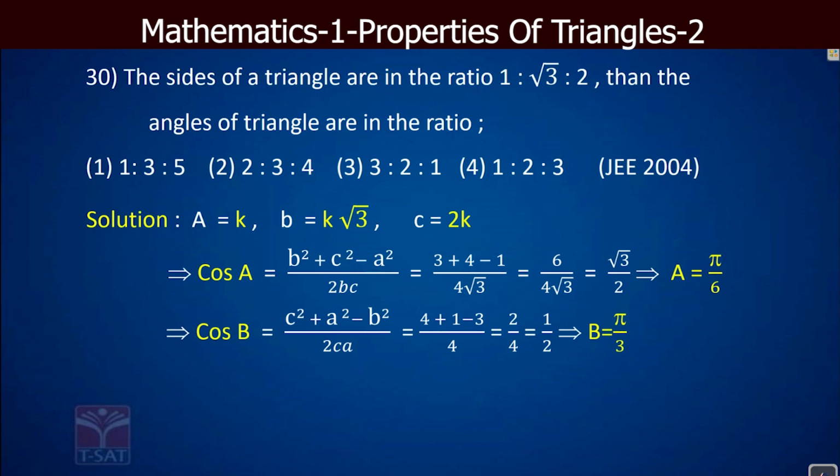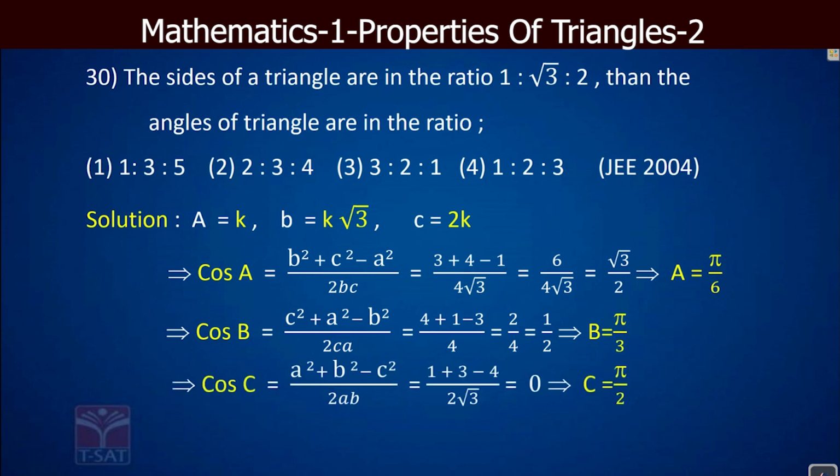And cos B, similarly, is (c² + a² - b²)/(2ca), that is the cosine rule, cosine formula. So if you substitute the values of a, b, c, then you get B = π/3. And cos C, again substituting the values of a, b, c, you will get (1 + 3 - 4)/(2√3), which is 0, so C = π/2.